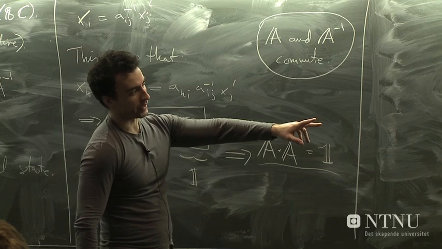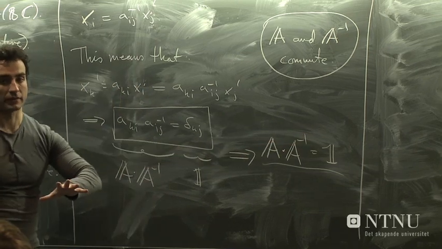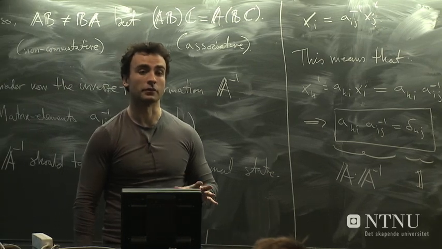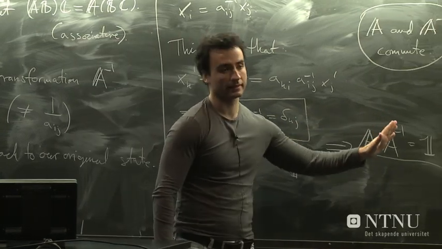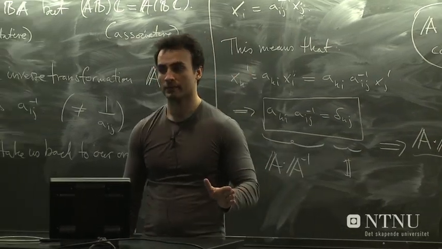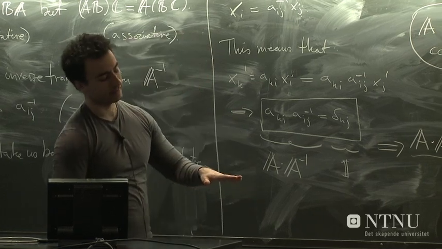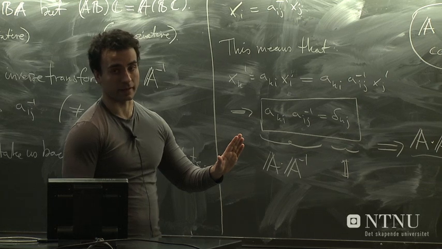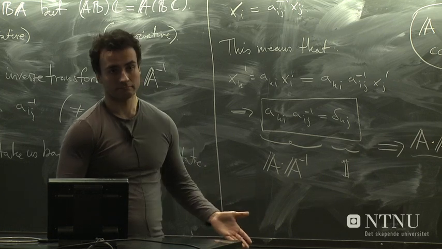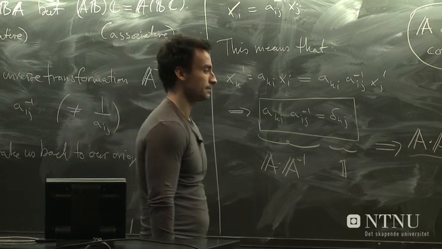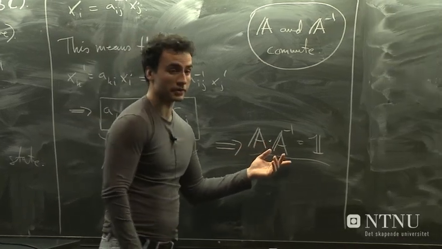So we just stated over there that two transformations, A and B, do not commute in general. However, in this specific case, they do commute. So whether you rotate r by an angle phi and then back, or if you rotate it by an angle minus phi and then back, it's the same thing. So A and its inverse do commute.